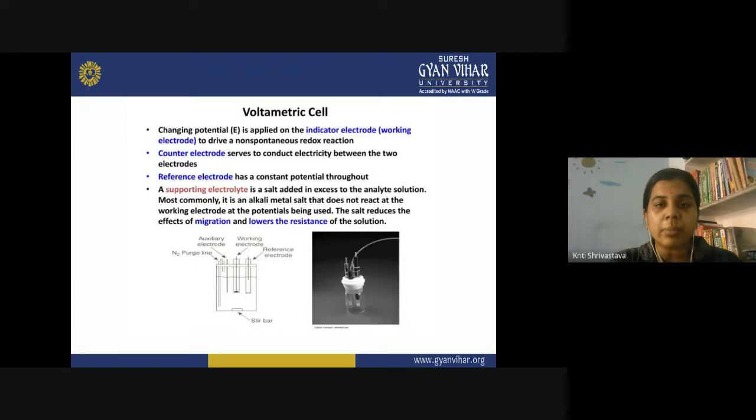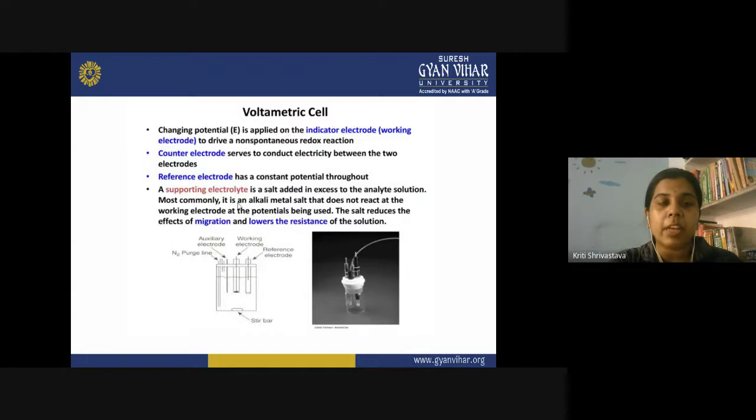Now, what is the supporting electrolyte? It is a salt added in excess to the analyte solution. Most commonly, it is an alkali metal salt. Why? Because in the potential range that we are using in the voltammetric technique, these alkali metal salts remain unchanged.